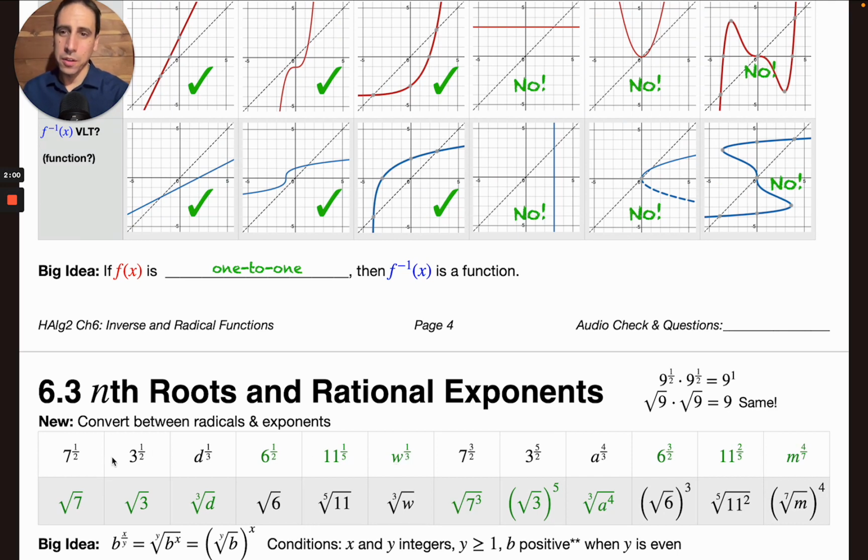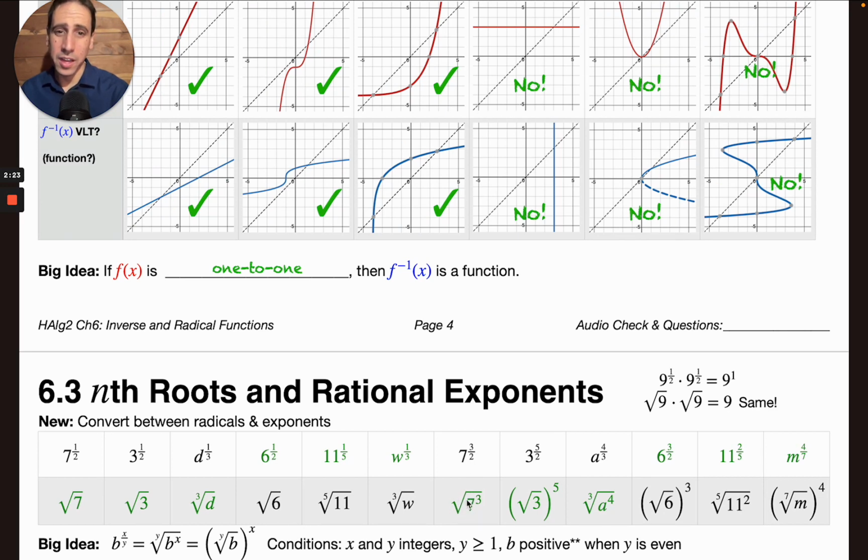So that's all well and good, but what happens with other numerators? The denominators indicate the type of root. The numerator is just a regular exponent. So you could rewrite this as 7 to the 1 half to the 3rd. The 3 is a regular exponent and the 2 is the square root. This is the square root of 7 to the 3rd.